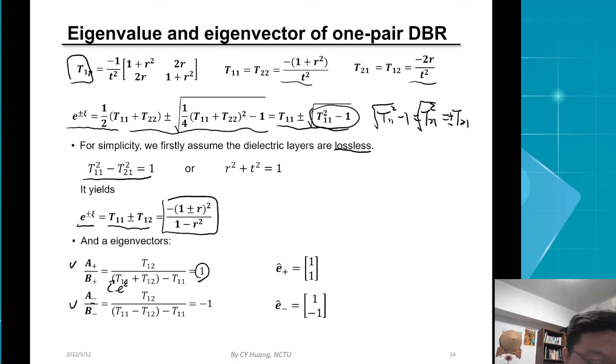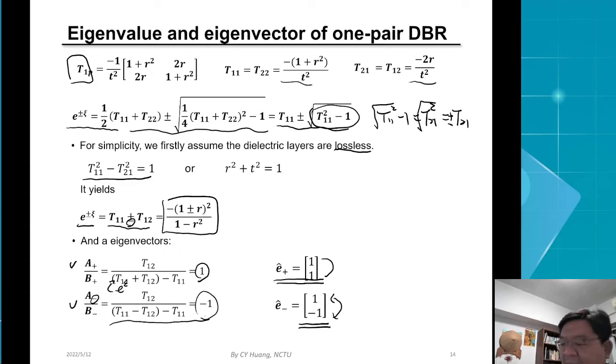Similarly, if we take the minus term here, the final result for the ratio between A minus and B minus will be minus 1. Okay, so it turns out the eigenvector can be represented as 1, 1, and the other, negative eigenvector can be written down as 1 and minus 1, since it's a ratio. The ratio here is 1, and the ratio here between input and output is minus 1.